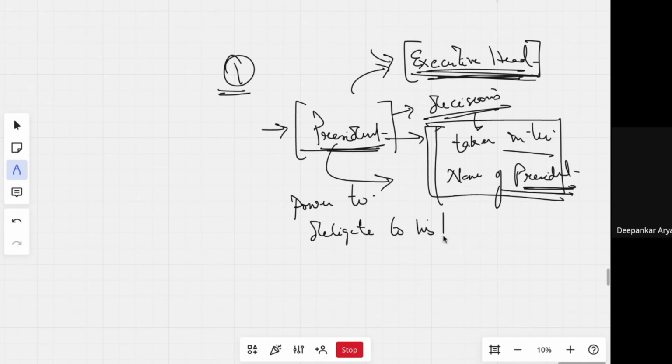To her subordinate. Who else in India has the power to delegate to his or her subordinate?